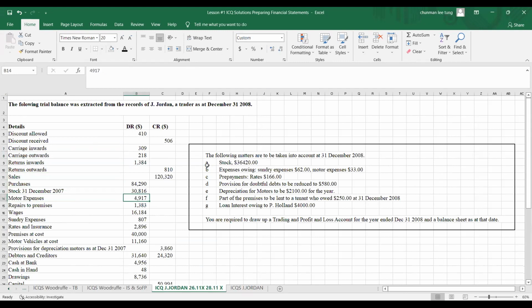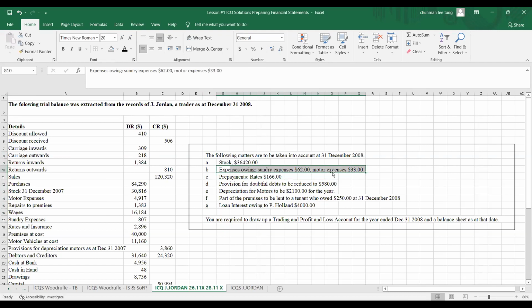Anything else pertaining to motor expenses in additional information? You're looking through anything with motor expenses? Yes. We have something here, expenses owing, motor expenses, 33.